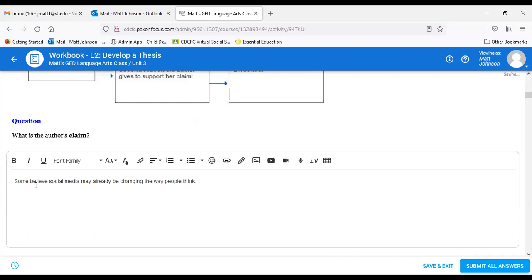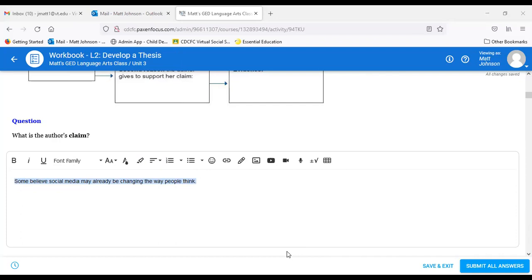That's the main claim. Everything else is under that umbrella, right? Everything else that she talks about falls in that one claim. So some people believe social media may be changing the way we think. Copy that and paste. Okay.